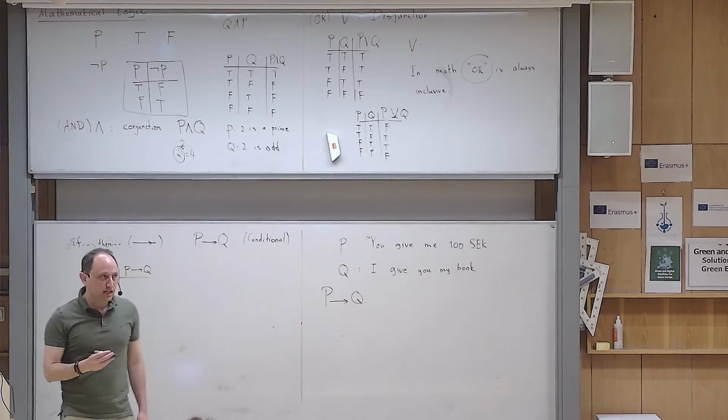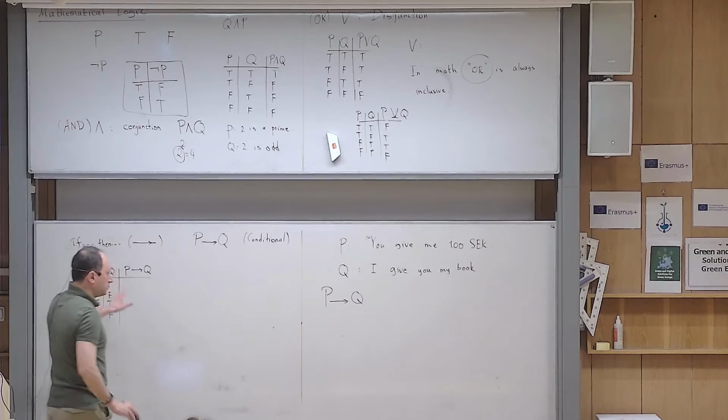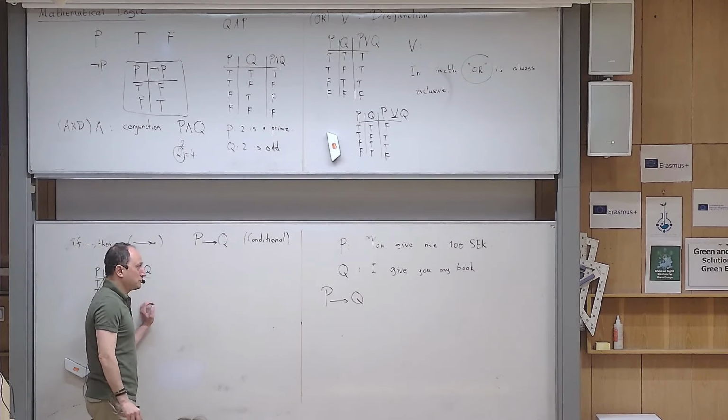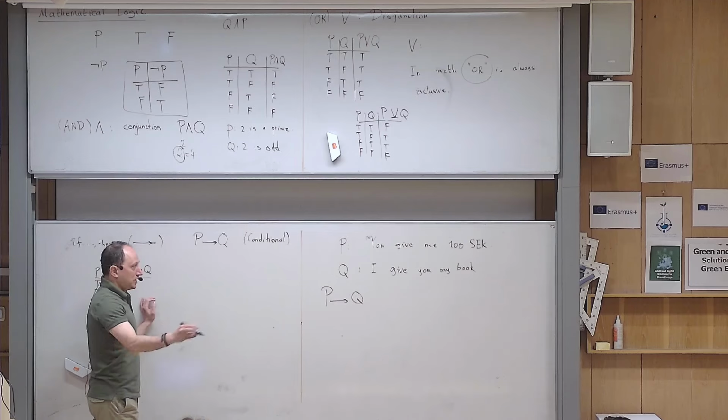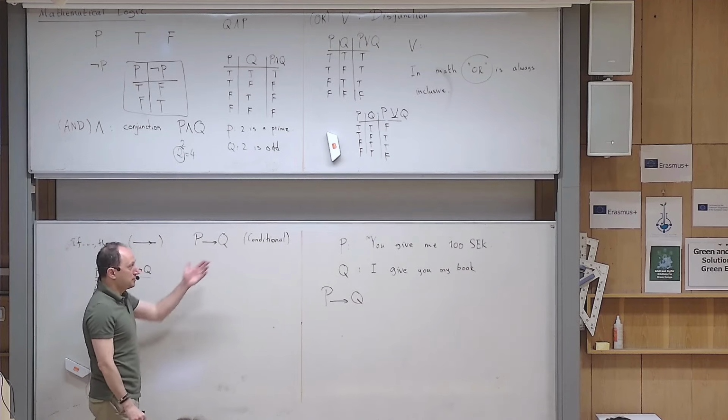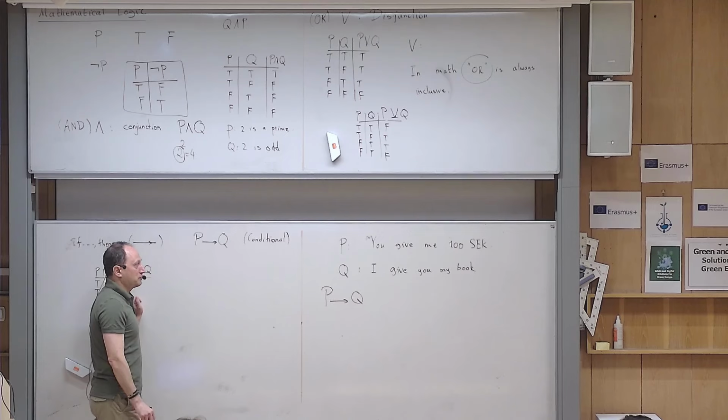The problem is that I want you to feel it. Don't look at the table, because this is sometimes confusing for students. This is a contract, we sign it, and you are the person who is supposed to do something first: you have to give me 100 crowns, then I will give you my book.